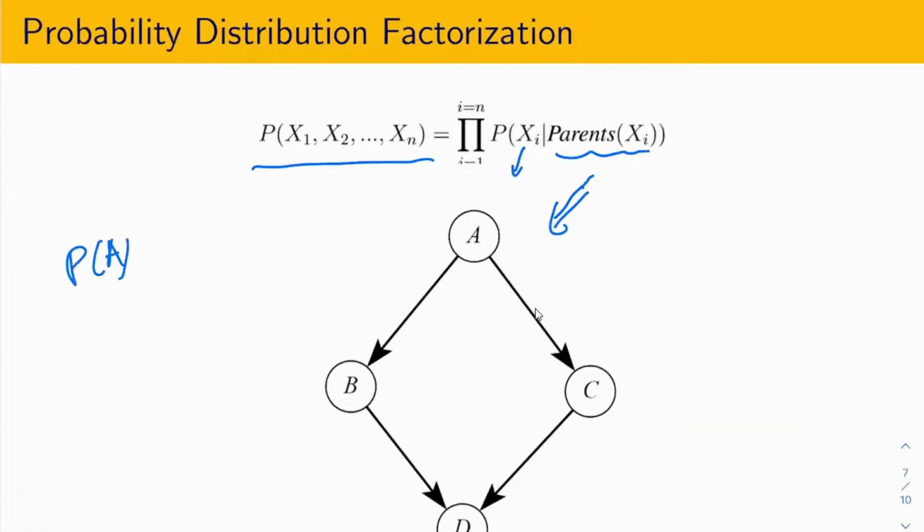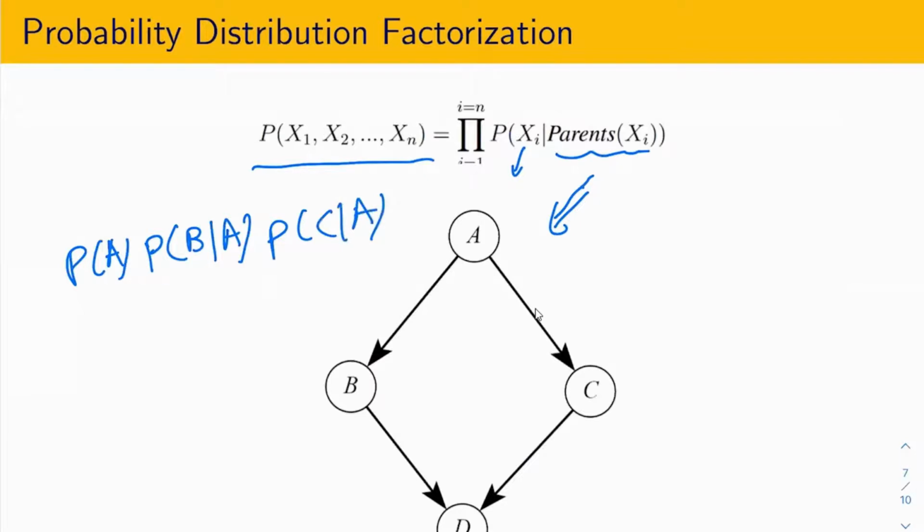P of A times, what are the children of A? We have B and C. Let's go to B. Times P of B given A, the parent of B, right? Then what's another child of node A? C. Times P of C. What's the parent of C? A.